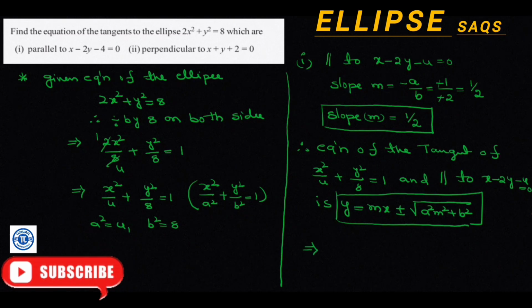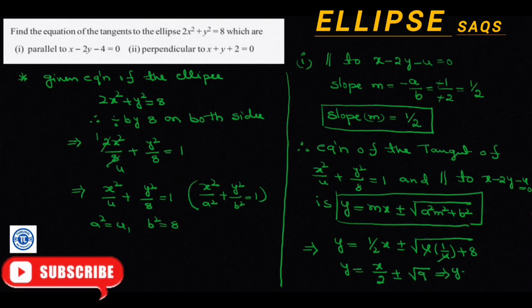Then we get required tangent, which is parallel to given line, y equal to 1 by 2 into x plus or minus under root a square is 4 into 1 by 2 whole square. Then we get 1 by 4 plus b square value is 8. Here 4 cancel. Then y equal to x by 2 plus or minus root 1 plus 8 is 9, which implies y equal to x by 2 plus or minus root 9 is 3.